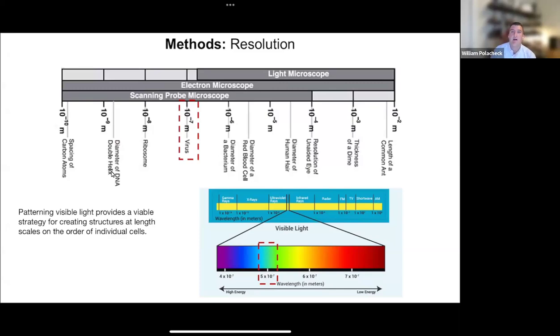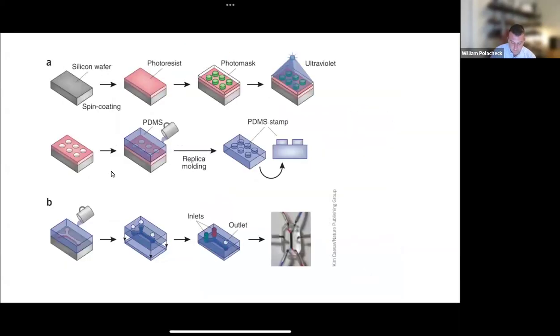So in theory, patterning light provides us with the resolution necessary to poke and probe mammalian cells or other biological materials.